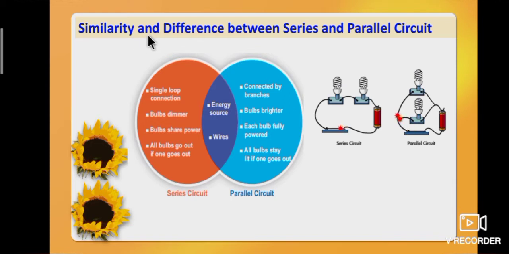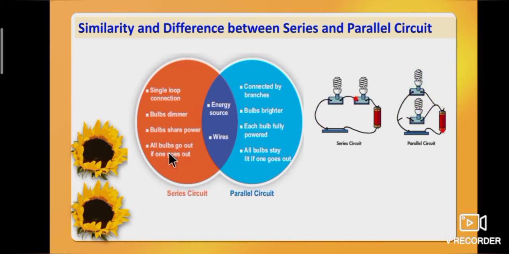Now we will learn about similarity and difference between series and parallel circuit. Series and parallel circuit have energy sources and are connected by wires. Series circuit is single loop connection. Bulbs are dimmer. Bulbs share power.